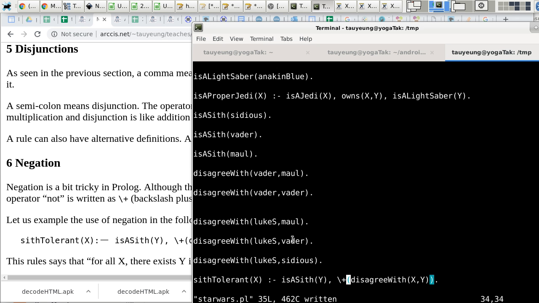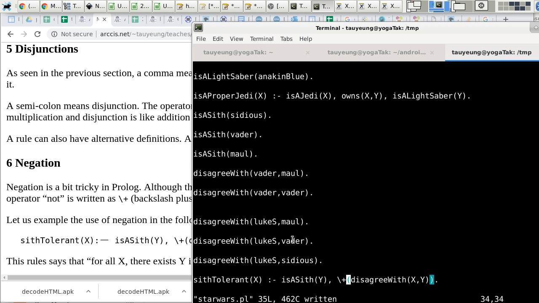Okay, so Y is a Sith, and it is not confirmed that X disagrees with Y. So this should give me a whole bunch of answers, including the Shuffle. Okay, let's think about that. Is the Shuffle Sith tolerant? Yes. Well, let's check it. Okay, Vader is a Sith. Okay, that's fine, we confirmed that when we wrote it here.